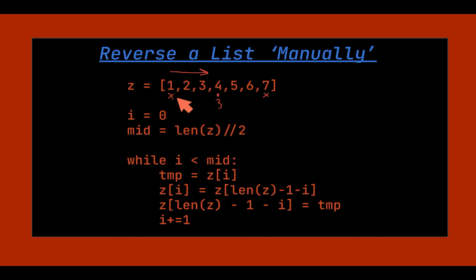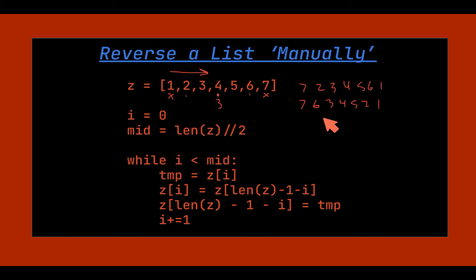It'll turn into, after the first pass, 7, 2, 3, 4, 5, 6, 1. And then on the second pass, the 2 is going to get swapped with the 6, giving you 7, 6, 3, 4, 5, 2, 1.